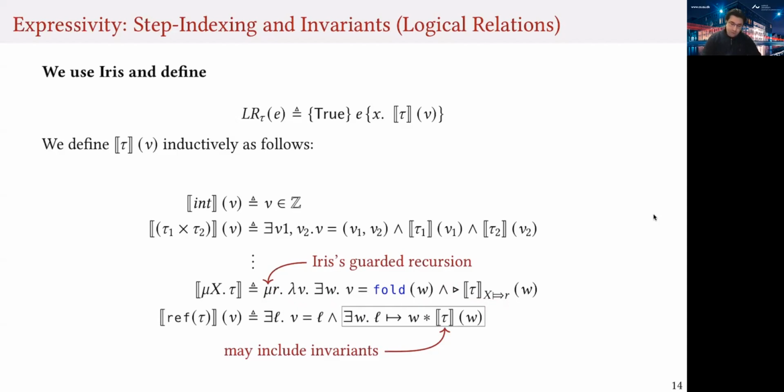Now let's see what this relation actually says. It says that a value v is a value of the recursive type if it is a fold of a w, and we have that after taking a step of computation, then w is also a value of type tau, where x is actually the same definition that we are defining right now, right? So it is again the recursive type.